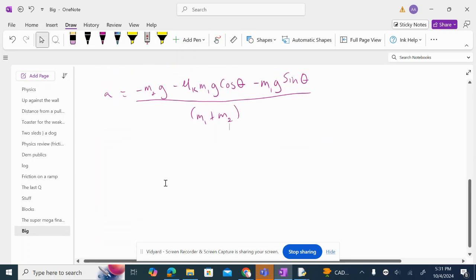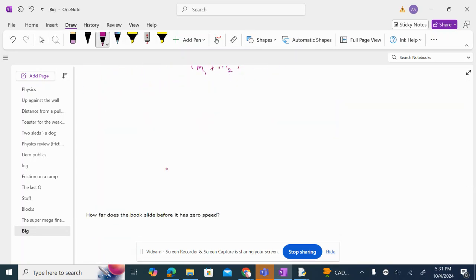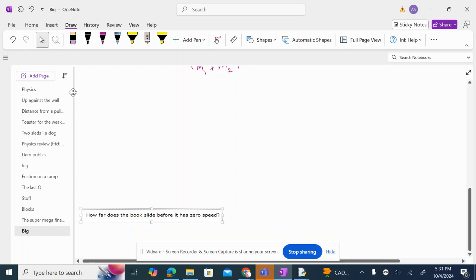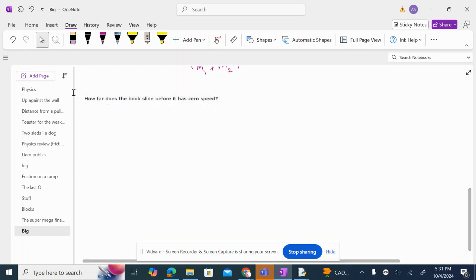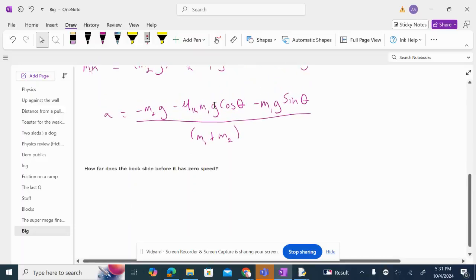Now, the second part of this question asks us, how far does the book slide before it has a zero speed? We can use our kinematic equations, again, believe it or not. So we already have our a, which we found right here. You're going to use the exact same value down here.